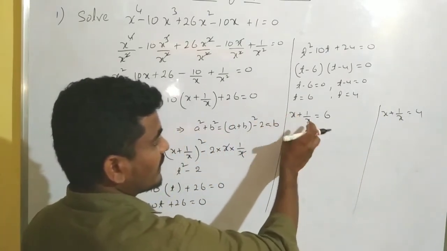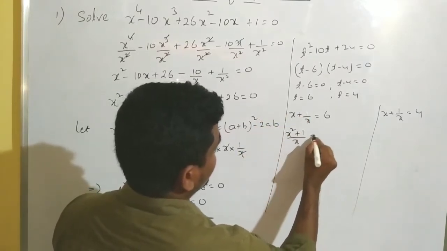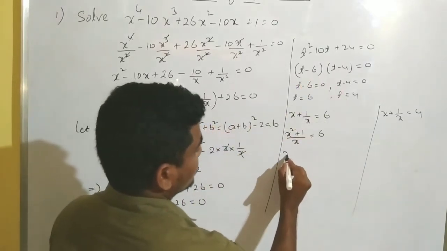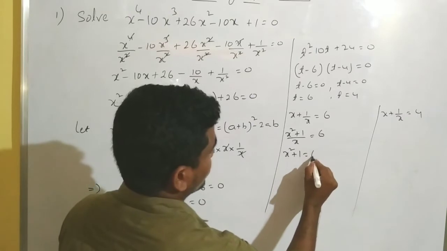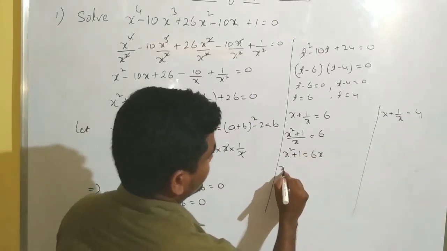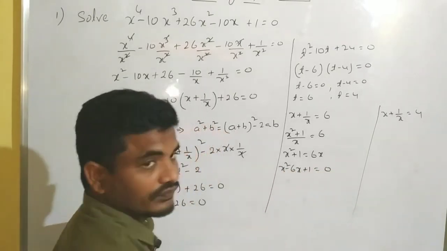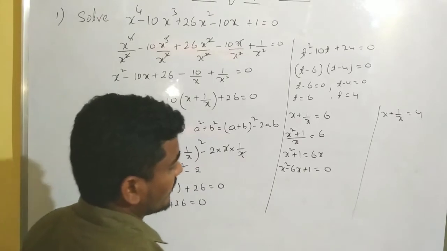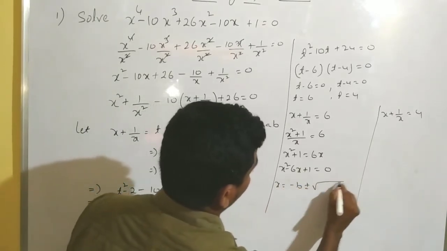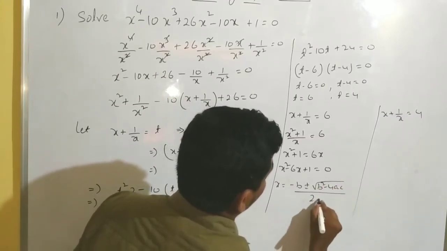When you multiply here x into x, x square plus 1 by x equals to 6. x when you send this side, x square plus 1 equals to 6x. 6x when you take left side, that comes x square minus 6x plus 1 equals to 0. After getting this, to get x value, we have a formula x equals to minus b plus or minus root over b square minus 4ac by 2a.